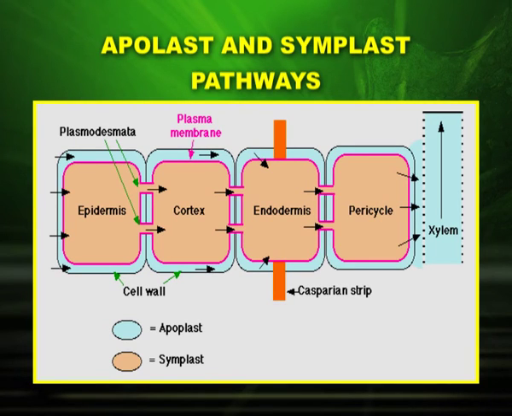In the diagram, you can see the blue color represents apoplast and the other light color represents the symplast. So, in the apoplast, the water moves outside the cell. On the other hand, in symplast, the water moves inside the cytoplasm.